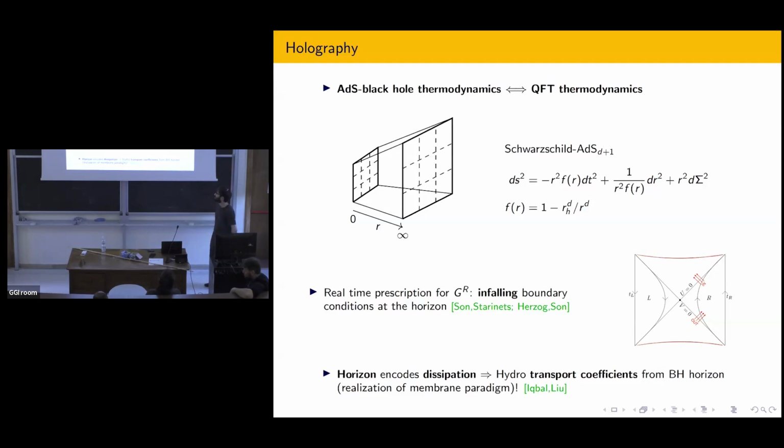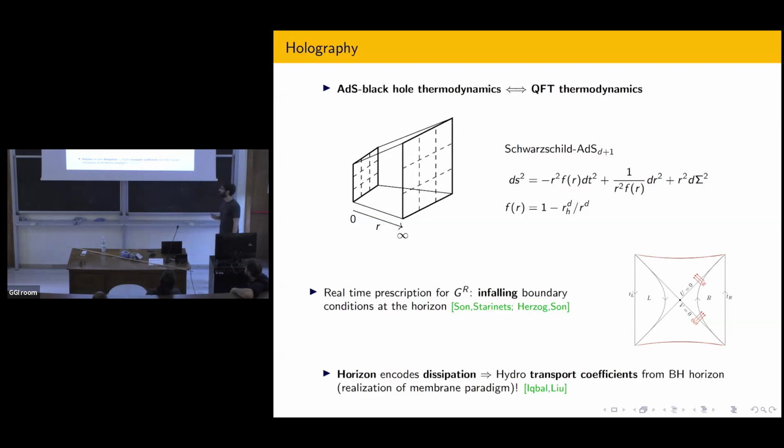This was actually argued for in a nicer way later on by considering the eternal black hole diagram and identifying the two sides as the two legs of the Schwinger-Keldysh contour.